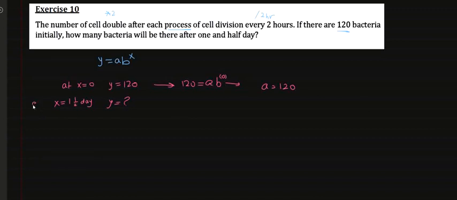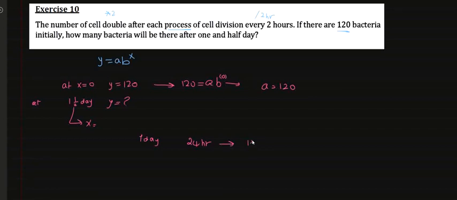Okay, so it's 1.5 days, and it was said that the number of cells doubles every 2 hours. So what's the amount? It seems that this is not the direct X, right? We need that duration. To calculate that duration, that will help us find the corresponding X. So let's say every 2 hours, 1 day includes 24 hours, right? How many 2 hours do we have here?